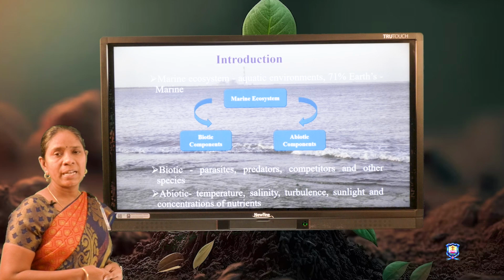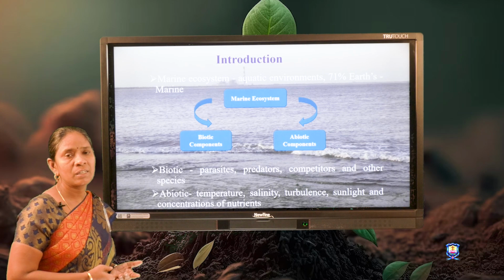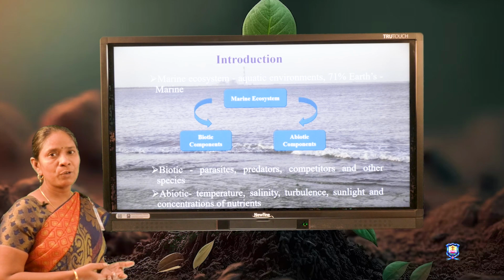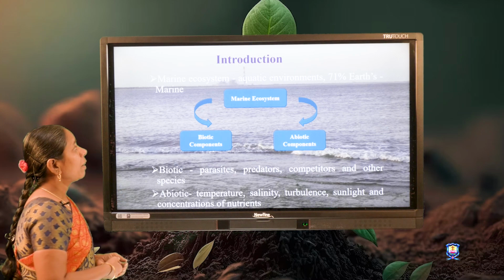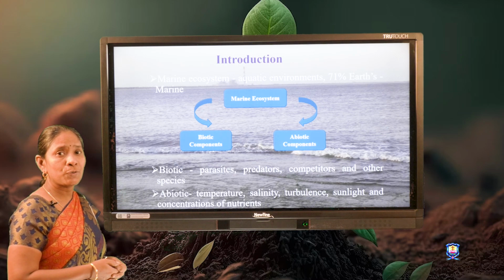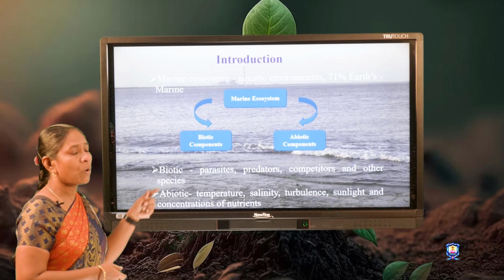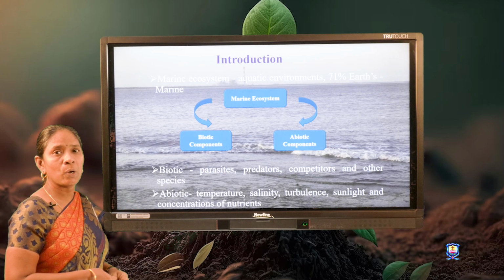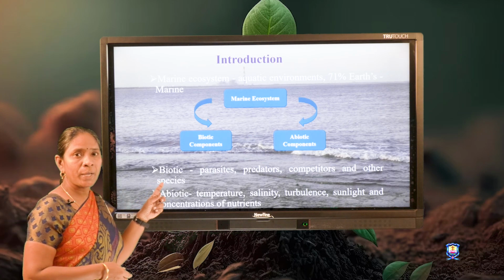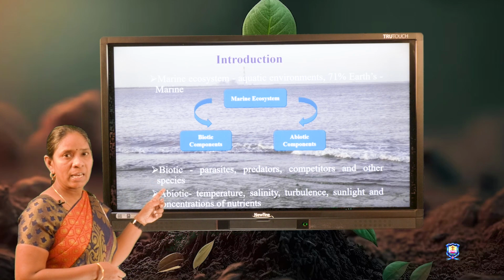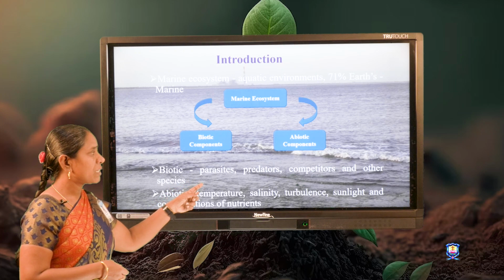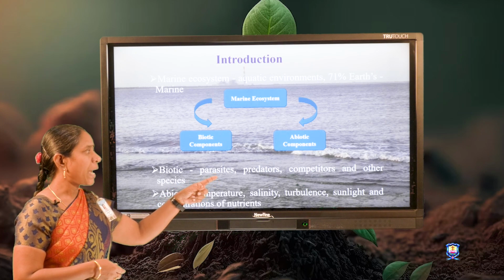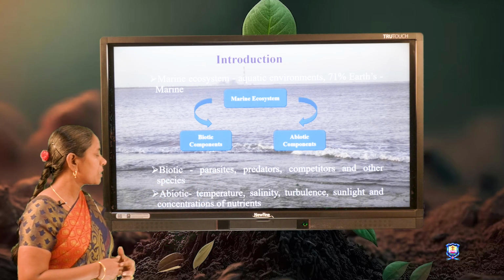Marine ecosystem, it is an aquatic environment which consists of higher amount of dissolved salts. It consists of two components, one is biotic component and the other one is abiotic component. The biotic component includes all the living things such as parasites, predators, plants, animals, competitors and all the species.